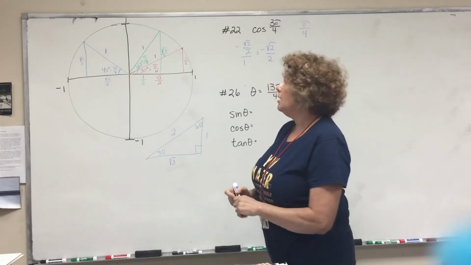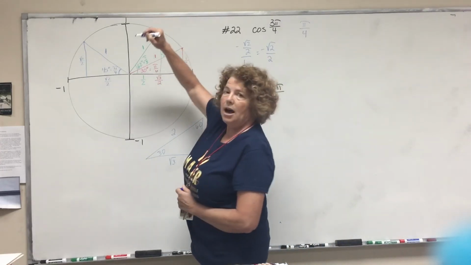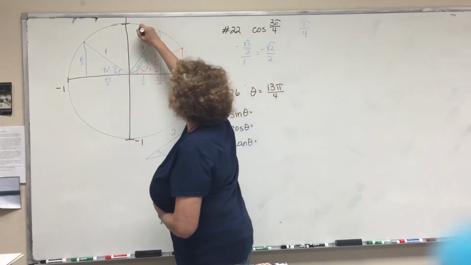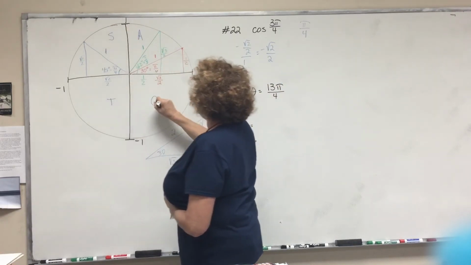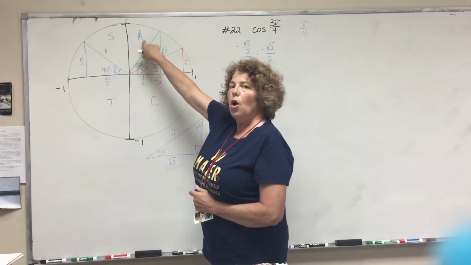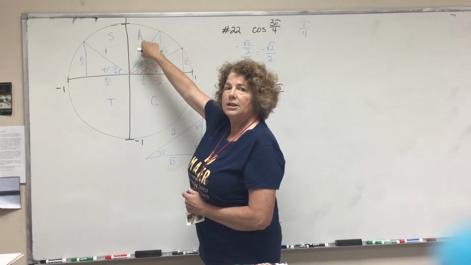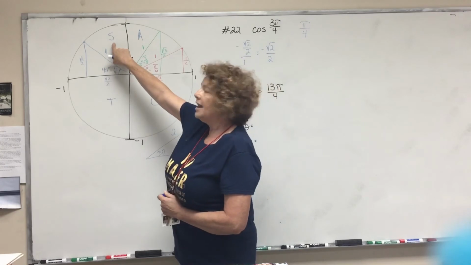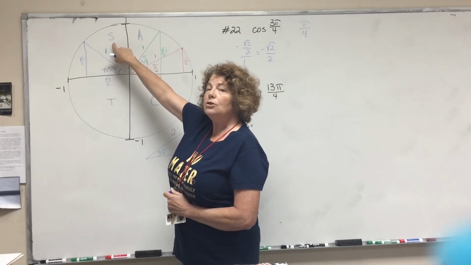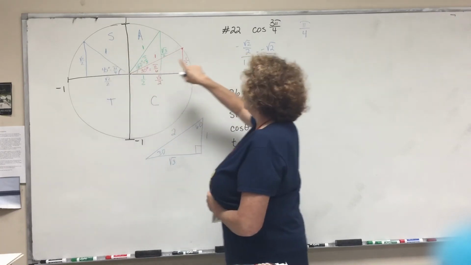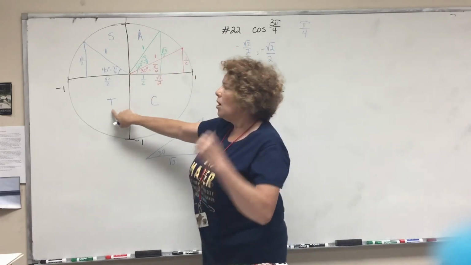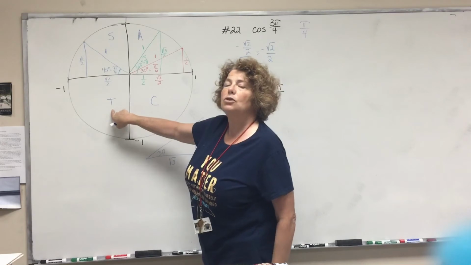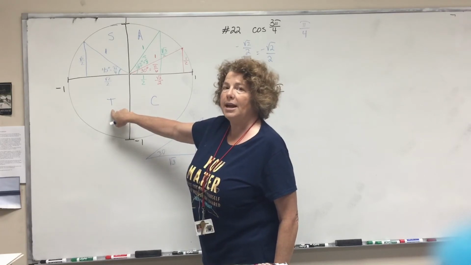A shortcut would be to use the trick I gave you before, another stupid trig chart. In the first quadrant, all of your sine, cosine, and tangent are positive. In your second quadrant, only your sine is positive, which means your cosine and your tangent will both be negative. In this one, only your tangent is positive, so your sine and cosine will be negative.